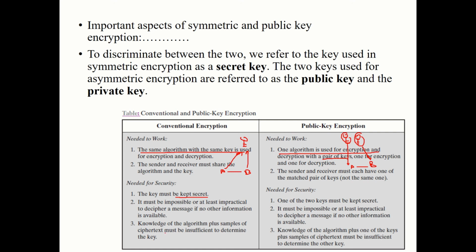But this is a risk. But in the public key, we have one secret key and the other one is public. It must be impossible, or impractical, to decipher the message if no other information is available, which is the same as here. Knowledge of the algorithm plus one of the keys plus a sample of the ciphertext must be insufficient to determine the other key.